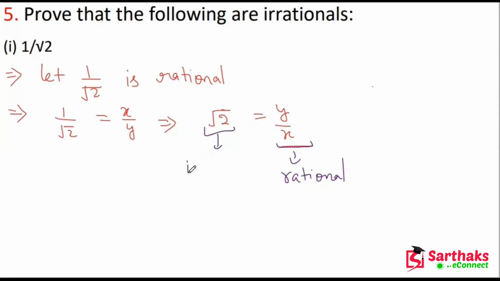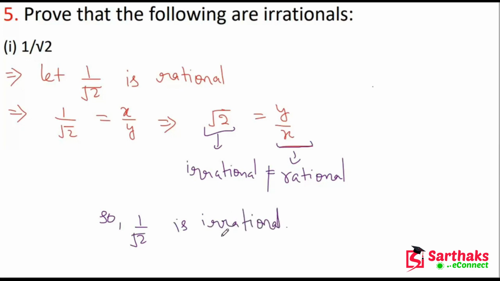This contradicts our assumption. So 1 upon root 2 is irrational. I hope you get this point.